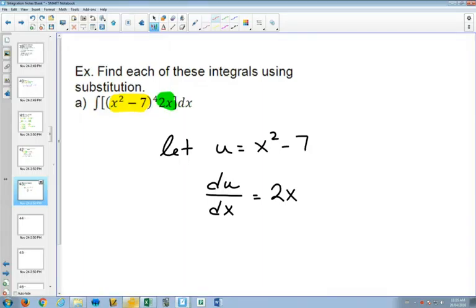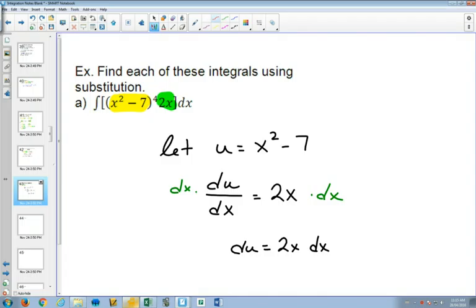As far as our substitution goes, and we use Leibniz notation for this, if I wanted to just get du, I could multiply both sides by dx, and then du would equal 2x dx.